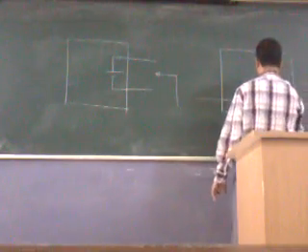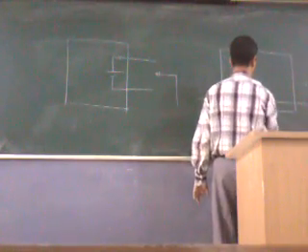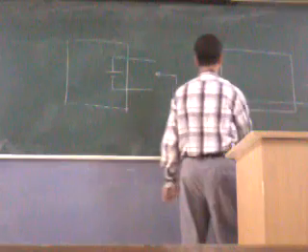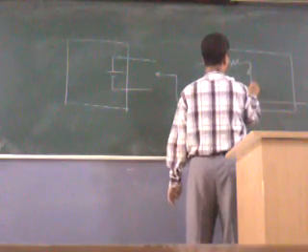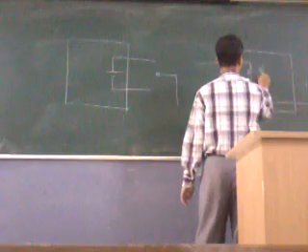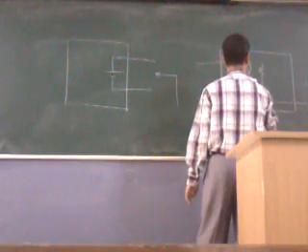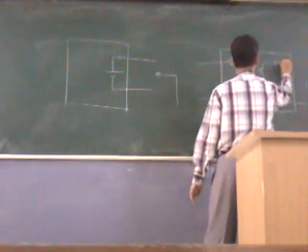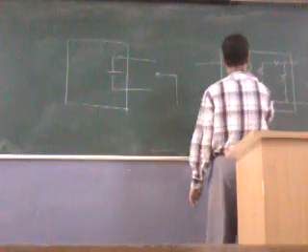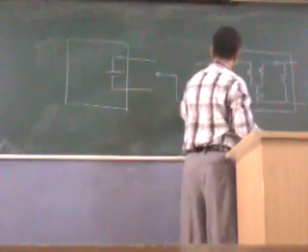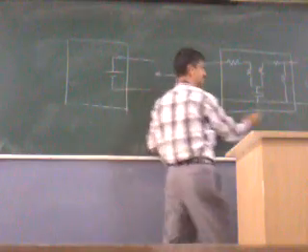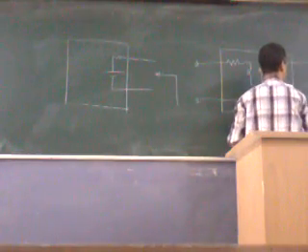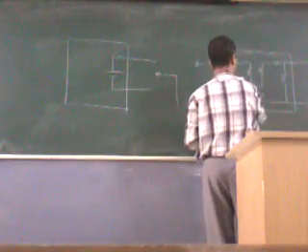It need not be shown like this also. Then I connect something, it may be like this, whatever it may be. So this is one port and this is the other port and this is the system.